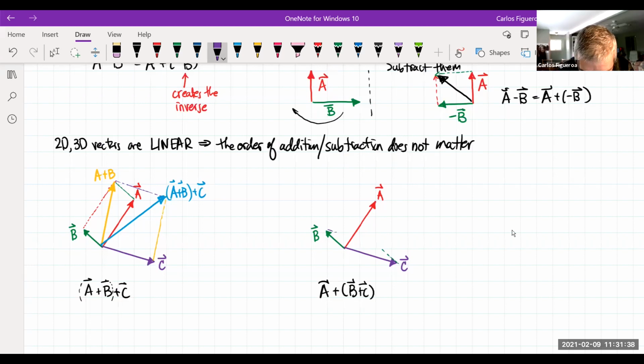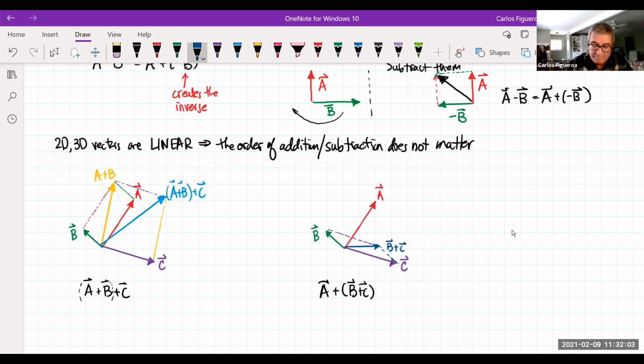I'm going to assume it's going to go something like this. Now I've added those guys here. In this case, I'm going to call this my BC vector. I could imagine that it goes something like this, and that guy's B plus C.